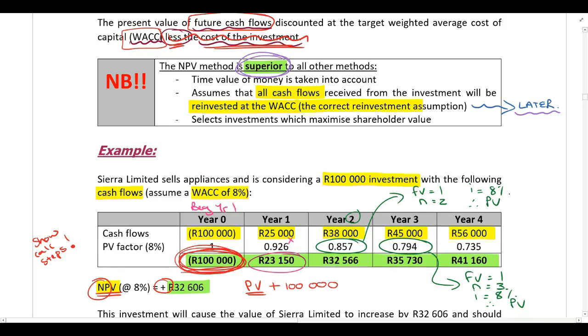And this is the correct reinvestment assumption. So that's why it's superior to the internal rate of return method. With the internal rate of return method, we make the incorrect reinvestment assumption. We assume that funds will be reinvested at the internal rate of return instead of the weighted average cost of capital.